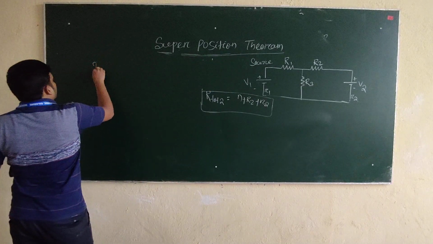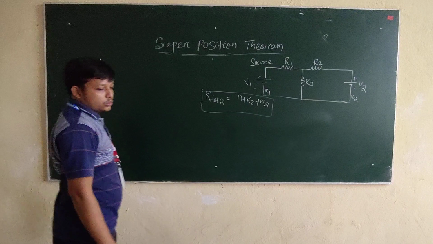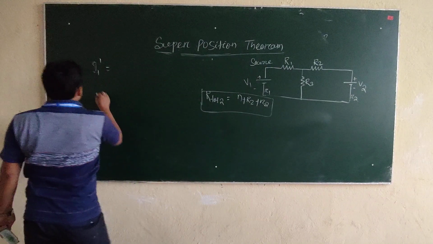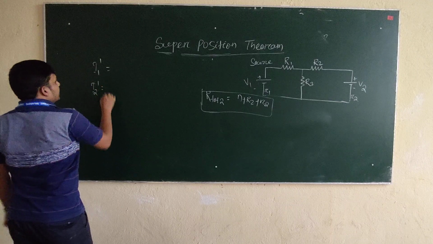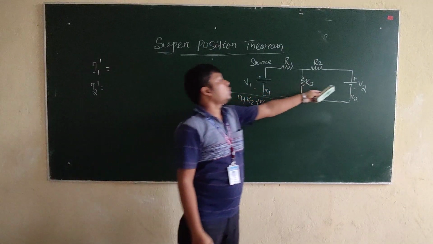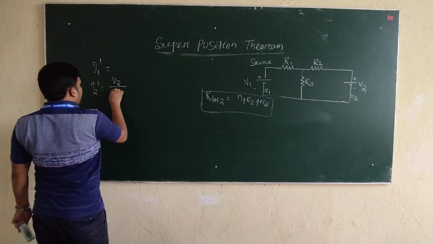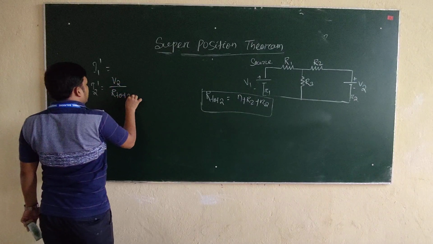First, let us take I2 dash, where we consider the source V2: I2 dash is V2 divided by R total 2.